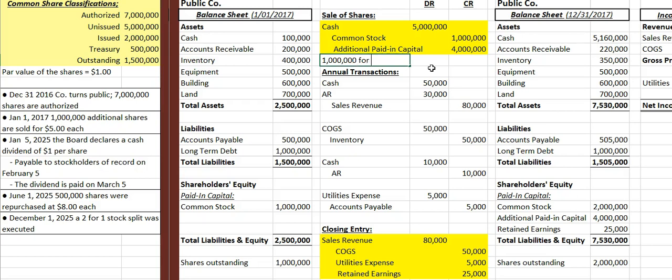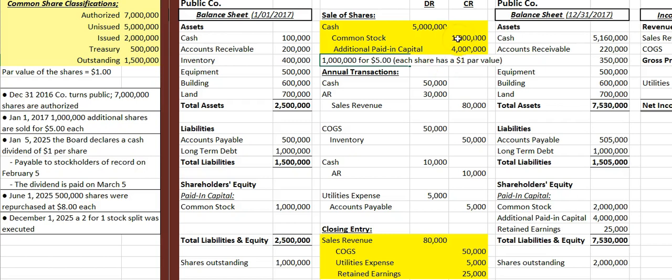for $5 each. And each share has a $1 par value, right?